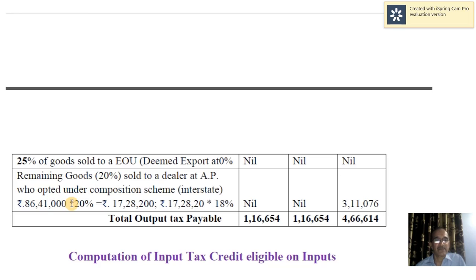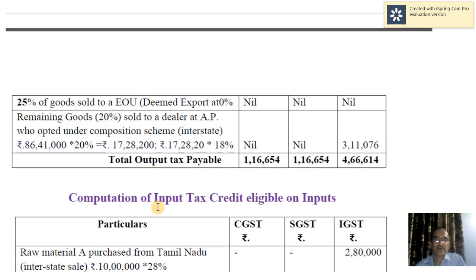So 86 lakh 41,000 into 20%, that comes to 17 lakhs 28,200. On that, you have to calculate 18%. Here 0 must be included, 0 is omitted. So that comes to 3 lakh 11,076. This is interstate transaction, therefore IGST, not CGST and SGST.